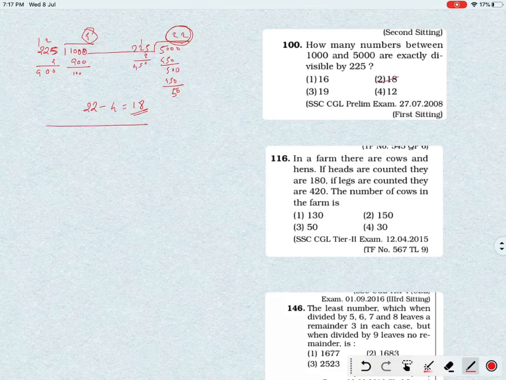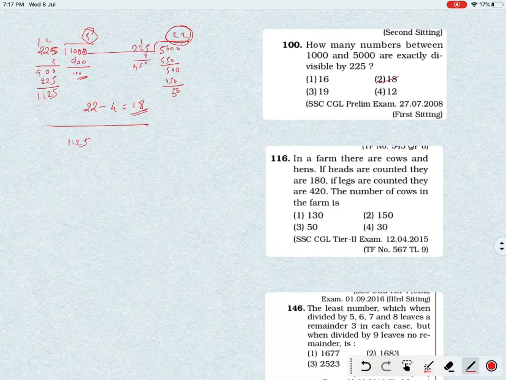But there is a lengthy process for this also. I want to show you that. 100 is the remainder when 1000 is divided by 225. So to get a number divisible by 225, we subtract 100 from 1000, that is 900, and add 225 to 900, giving 1125.